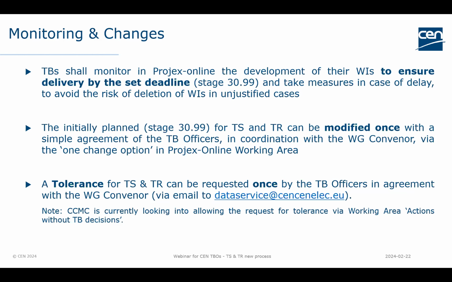For the tolerance, at the moment, you have to write to data both if you are a CEN TC secretary or a CEN-like JTC secretary, because the feature to ask for a tolerance for TS and TR where you don't need any TC decision is not there yet.